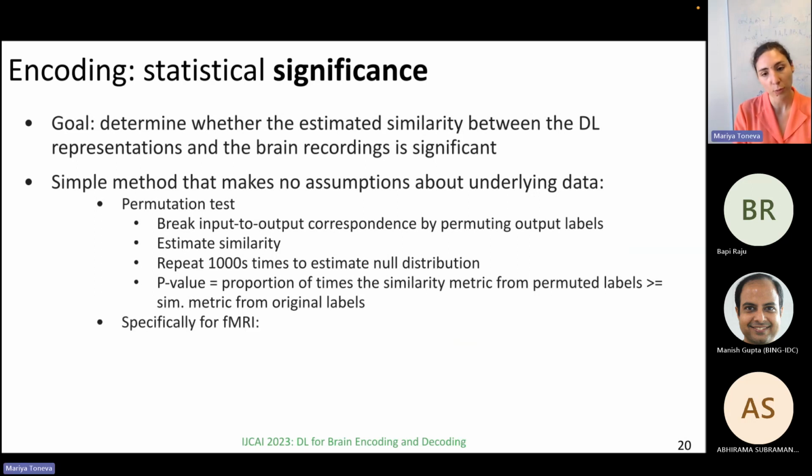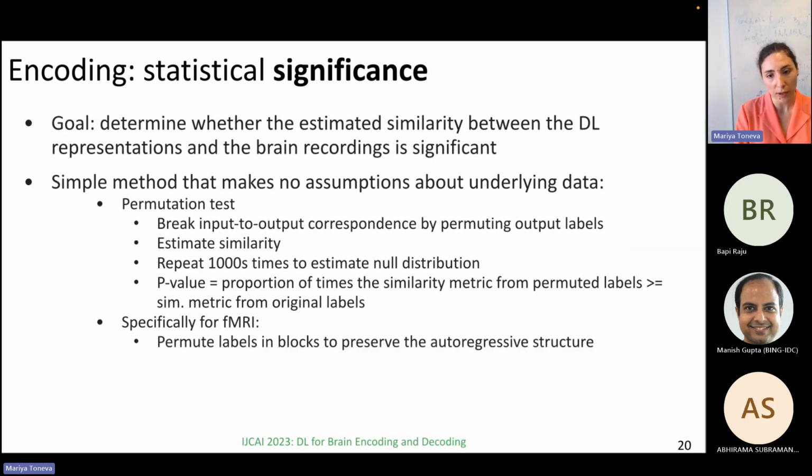And then specifically for fMRI, something that we need to be aware of is that we need to permute these labels in blocks instead of each sample separately, because fMRI, as we said, has this very slow response, which takes time for blood to go into a region and come out of a region.